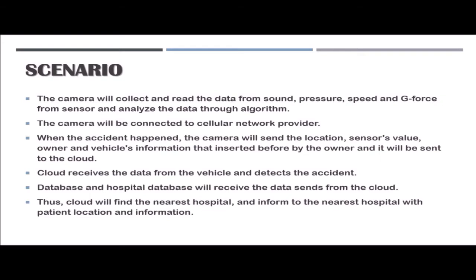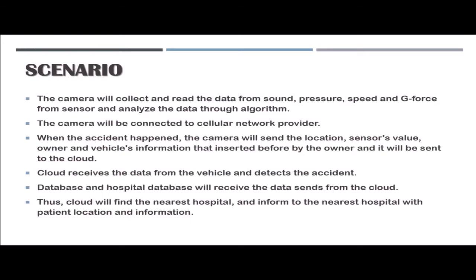The scenario for our assignment is, first, the camera will collect and read the data from the sound, pressure, speed, and G-force sensors and analyze the data through the algorithm. The camera will be connected to the cellular network provider, and when an accident happens, the camera will send the location, sensor values, and the owner and vehicle information inserted beforehand by the owner to the cloud.